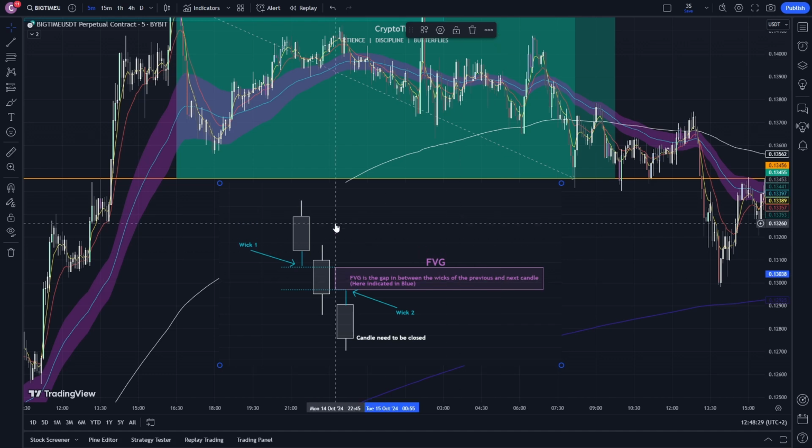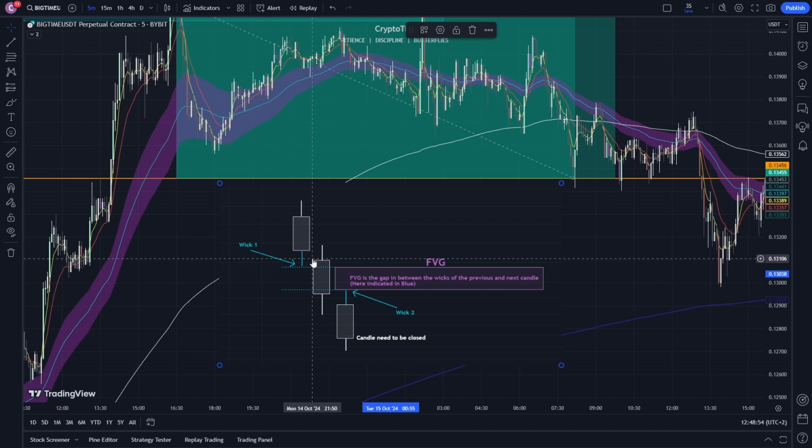So these fair value gaps are caused by a sudden or strong market movement that is driven by imbalances between supply and demand. So this usually will happen in periods of high volatility. You will often see these fair value gaps.